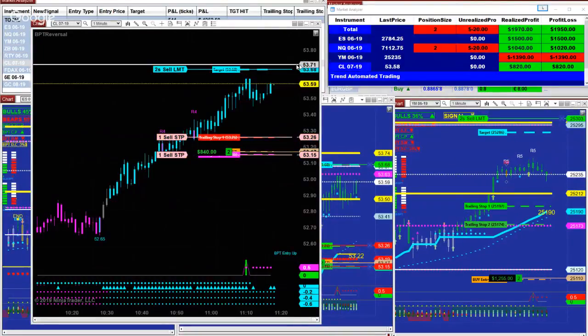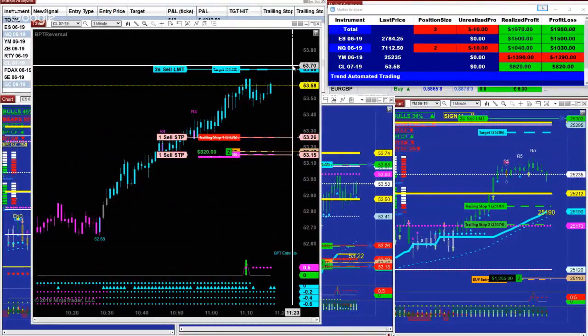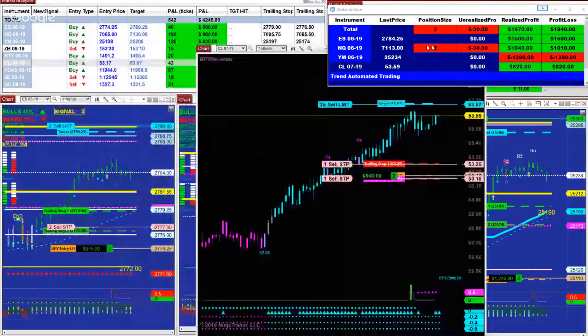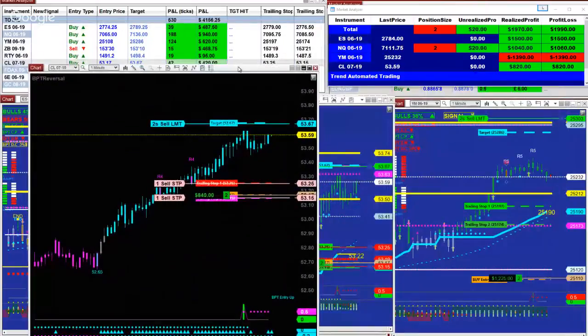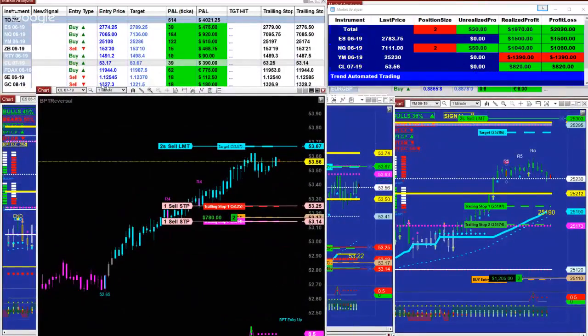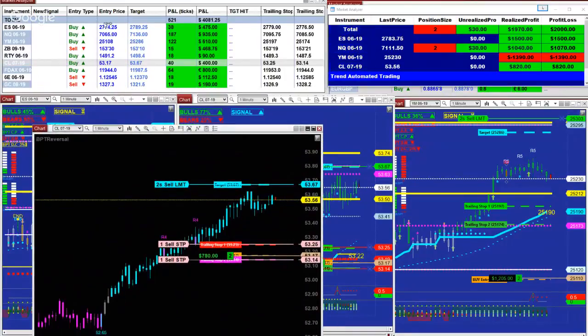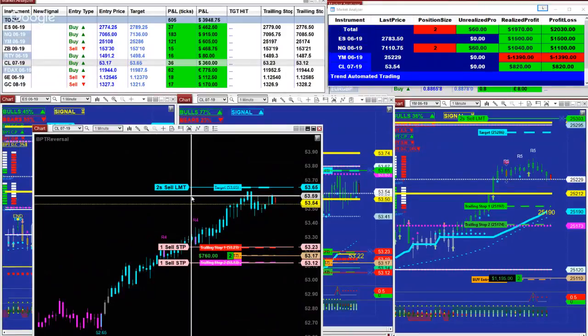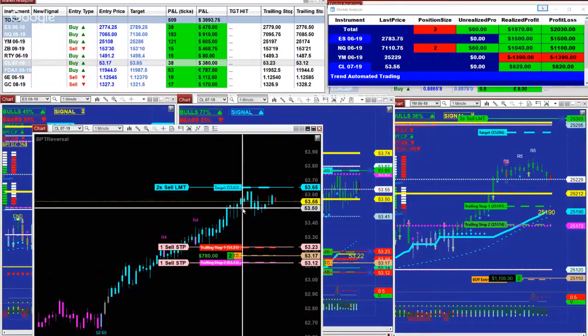But what we have done on that version with the ATM is the market analyzer is giving you the entry point and the exit. The market analyzer is the same system on the chart, the blue or the black.